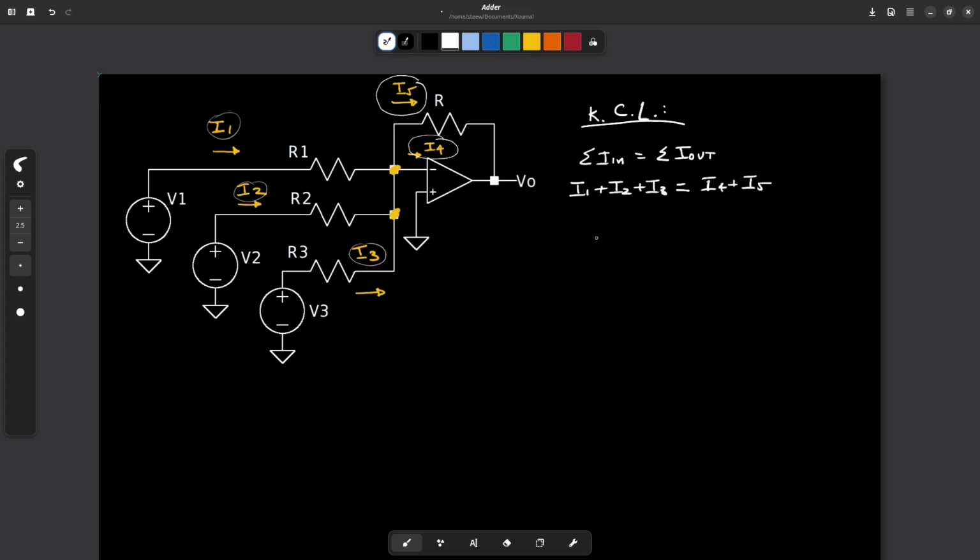So first of all, remember that the current going into the ports of the amplifier, in this case I4, by definition equals 0.